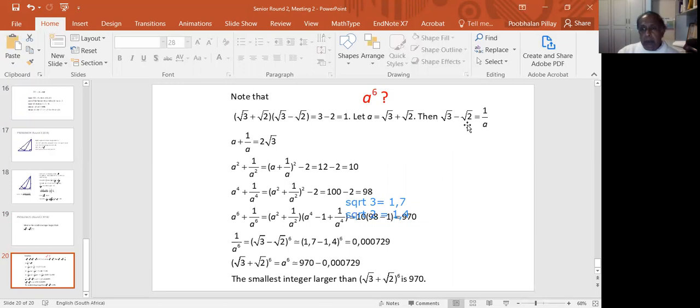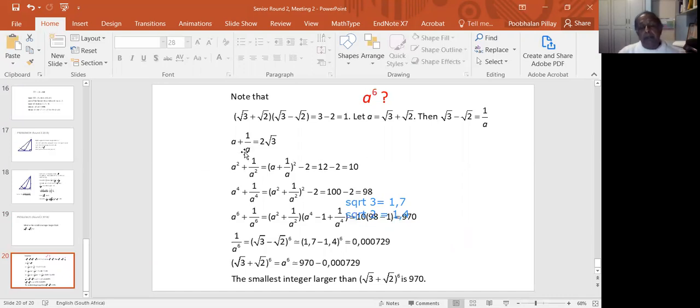So √3 minus √2 is 1 over A. So we got this is A and this is 1 over A, and I'm going to add these two, A plus 1 over A, and you see the √2's cancel off and you're left with √3 plus √3, which is 2√3. So A plus 1 over A is 2√3. And what is A? A is this quantity here. I need to calculate the 6th power of A.